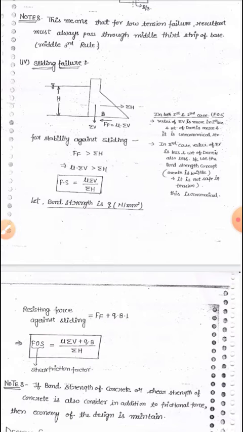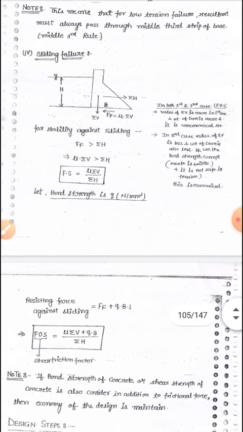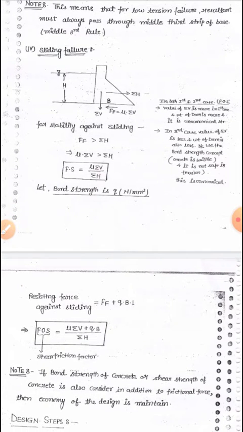The resistance against sliding may be of two types. First, due to friction alone, and second, friction and shear strength of the joint.